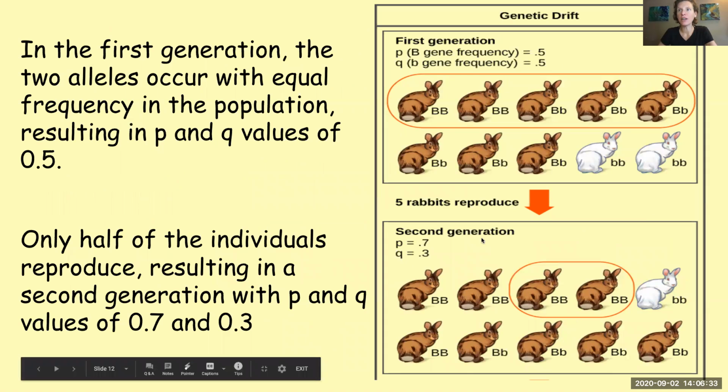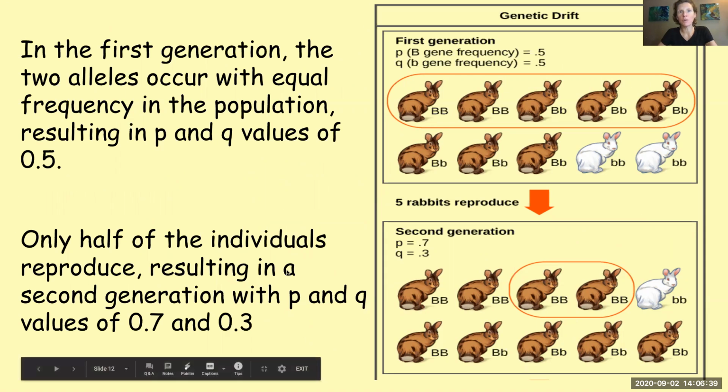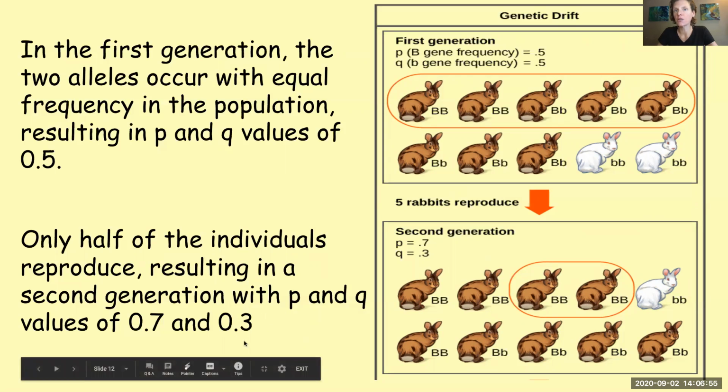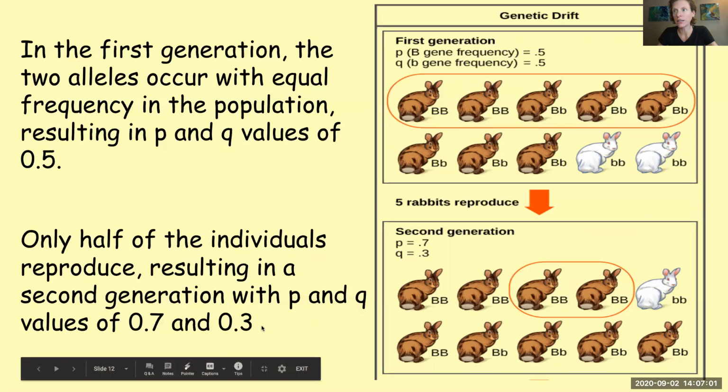So in the second generation, only half of the individuals reproduce, resulting in a second generation with a change in the allelic frequency. So the change with P and Q, and the values are 0.7, which means that now 70% of the alleles are brown and 30% of the alleles are white. So we see a reduced percentage in the white allele.